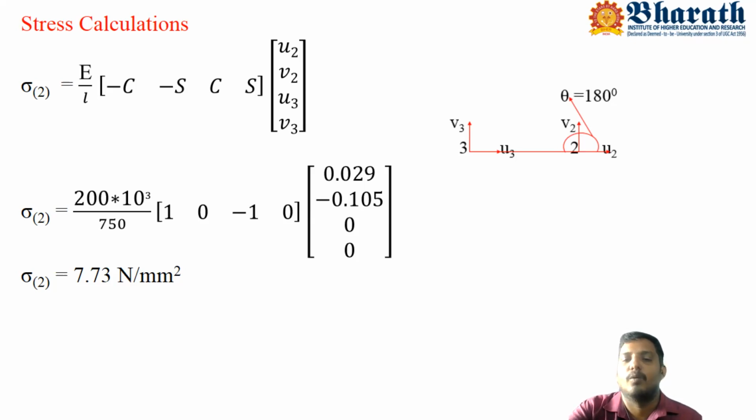If you take node 3 as the reference, the top is U3, V3, then you enter the U2, V2 values. Or if you measure with respect to node location 2, then I reference U2, V2, then U3, V3 in the displacement matrix. Finally, we arrive at the stress induced in element 2 as 7.73 Newton per millimeter square. This is a tensile stress.